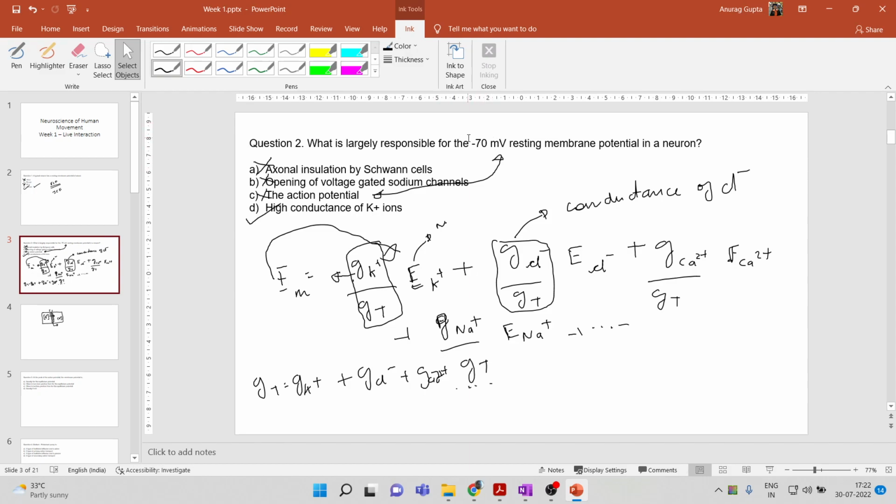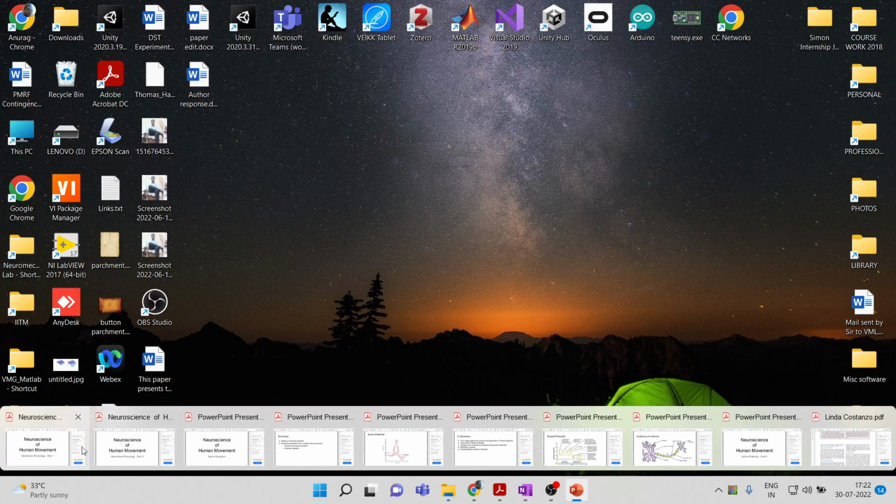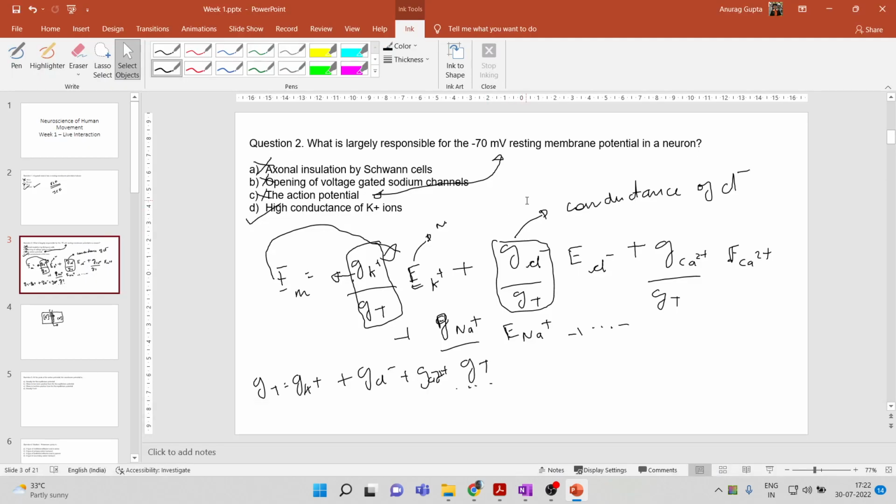So this is around minus 70 millivolts, because the Nernst potential for potassium is negative, somewhere in the negative region. Let me just check. Minus 90, it is saying.